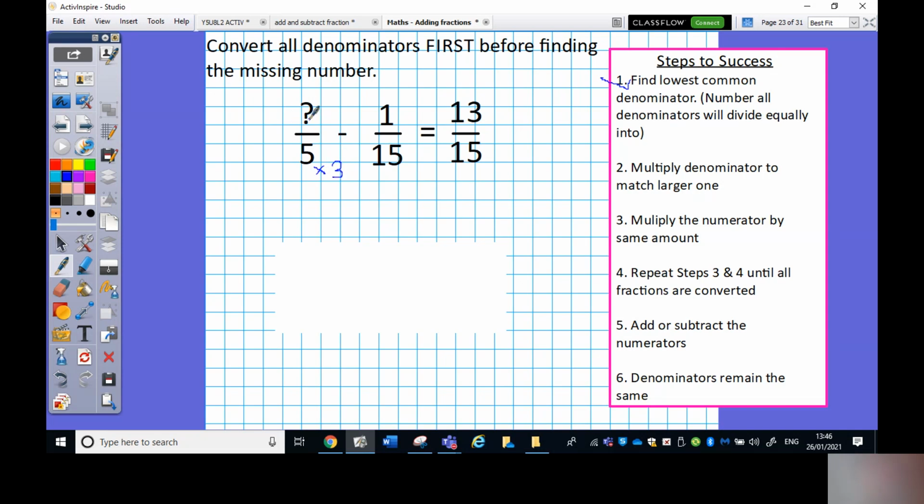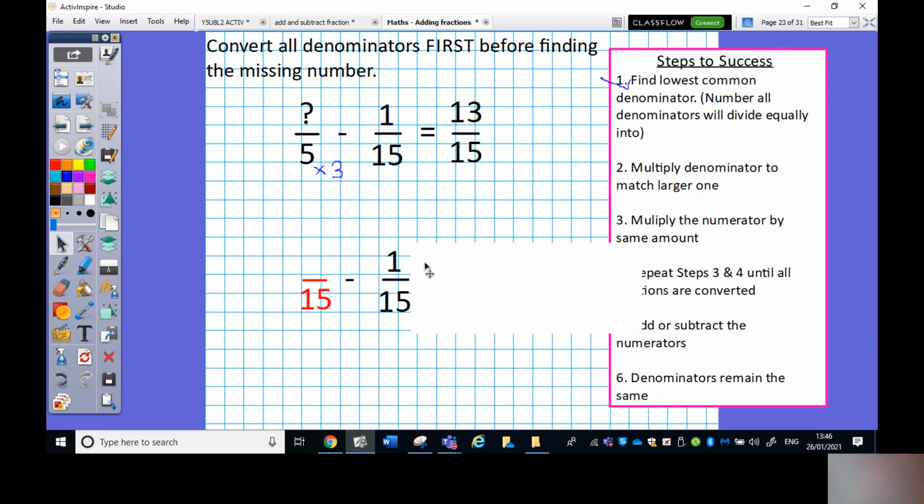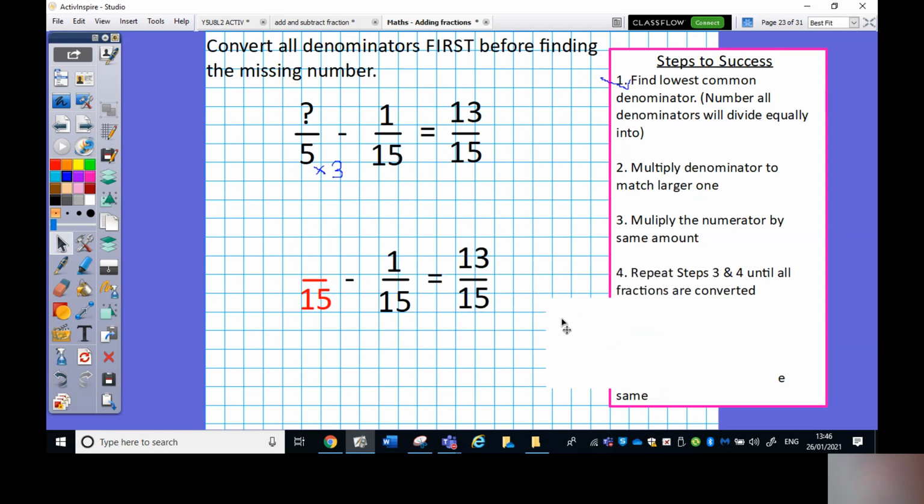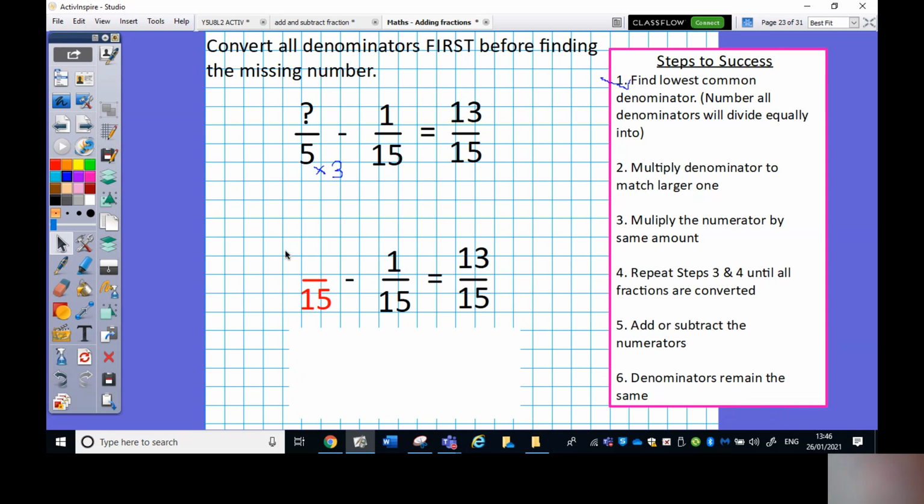Can we multiply the missing one? No. Okay, so let's write the missing equation. It's 15ths take away 1/15 equals 3/15. Well done.